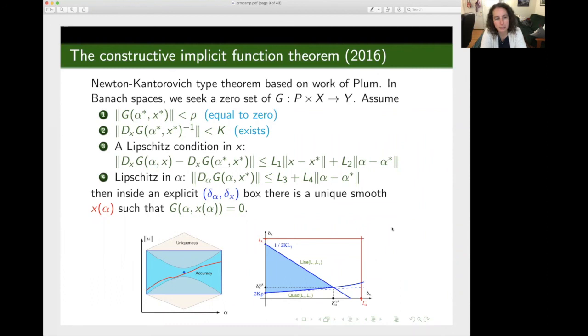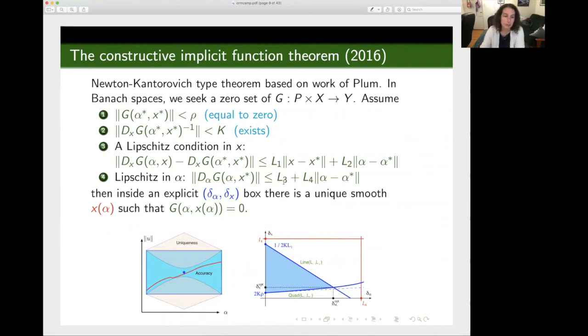And then in order to be able to look at the parameter values, we're going to have two extra conditions in terms of Lipschitz conditions. And this is what allows us to say something about a box by using pointwise estimates. These bounds are basically traditional Lipschitz type bounds, although in the second one we're a little more lax than you would be in a traditional Lipschitz condition.